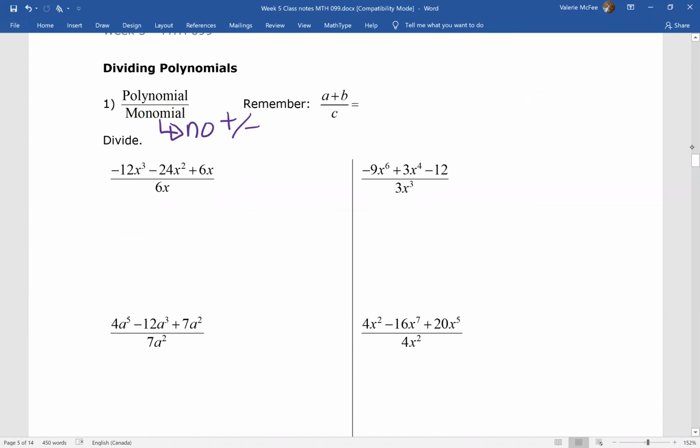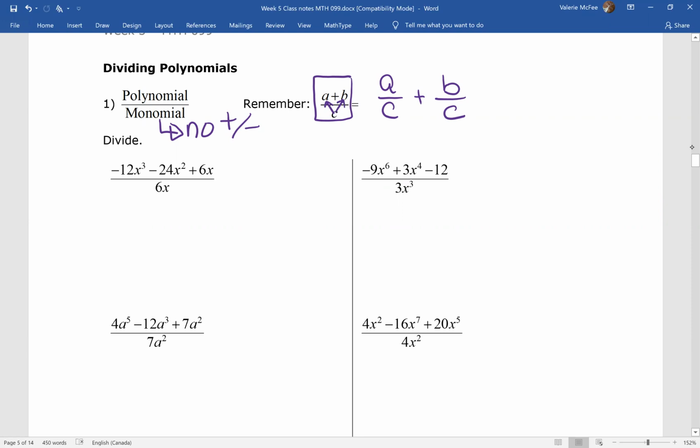And if you think back to our fraction lesson, we said if you had a over c plus b over c, then you could just write a plus b over c. This is very important. This idea reminds us that that denominator belongs to every term in the numerator.